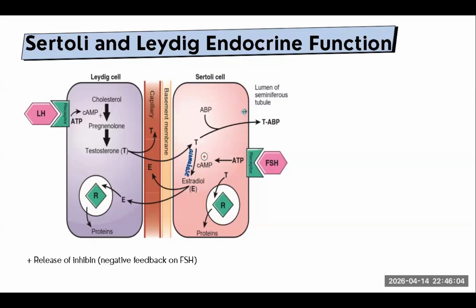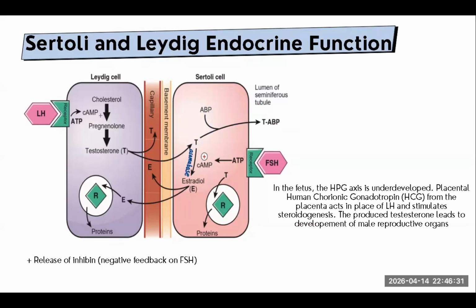And step 3 is the secretion of testosterone plus androgen binding protein into the lumen of the seminiferous tubule. And then it will lead to the piling up and concentration of testosterone in the seminiferous tubules. And something we should know is that testosterone is needed for the maturation of sperm. Okay?